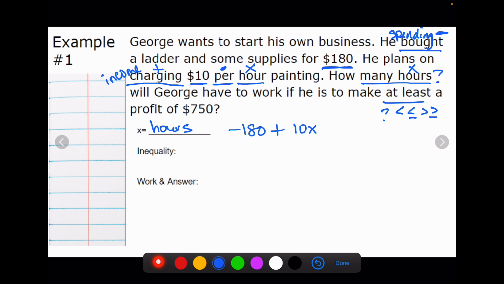So at least means that he can make $750, but he could also make more than $750, and that's going to be this symbol right here. So he can make $750, but he can also make more than $750. So we're going to use that symbol. Okay. So now I have my inequality.